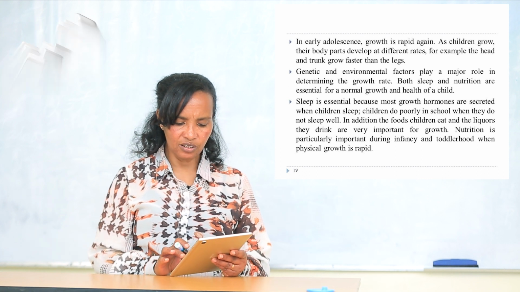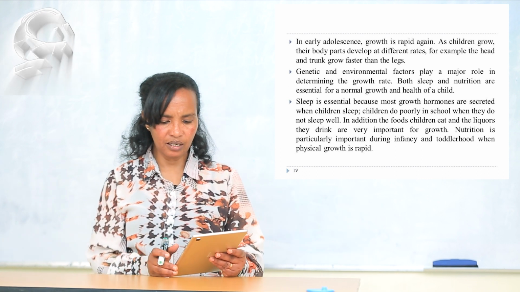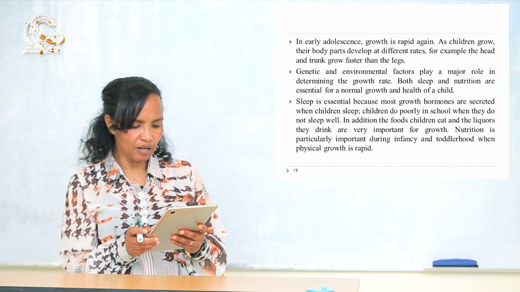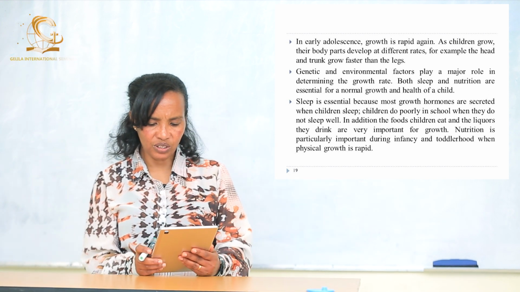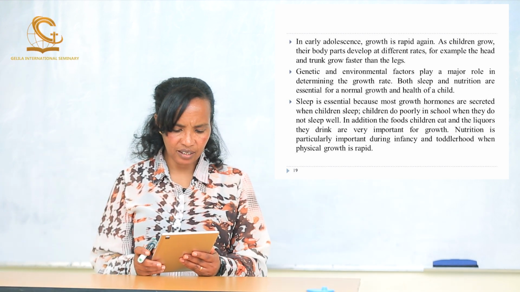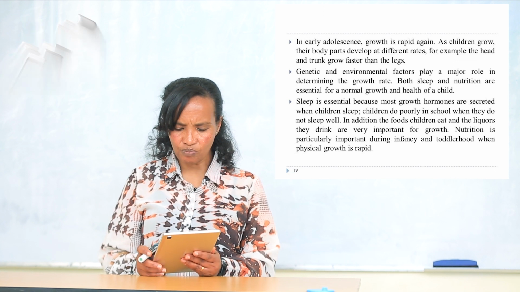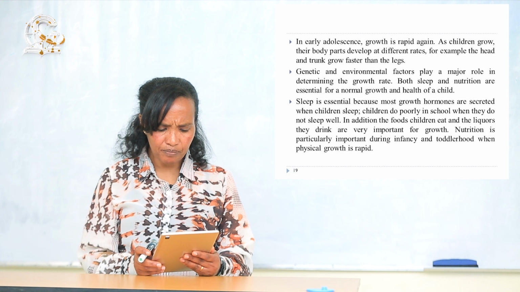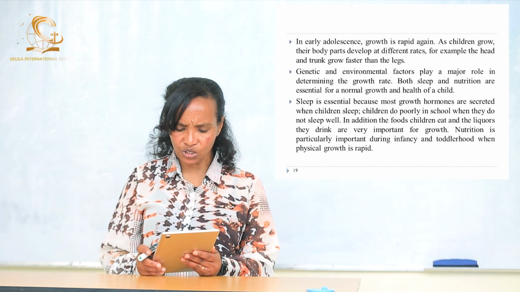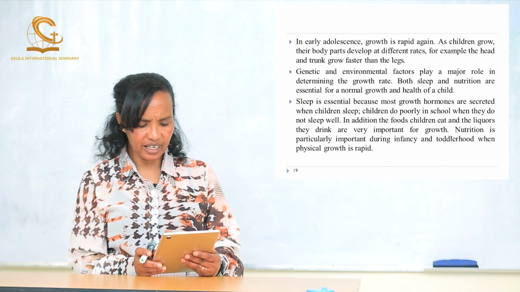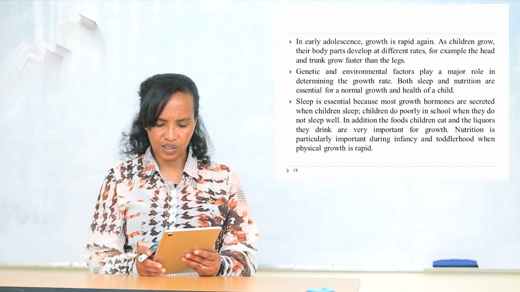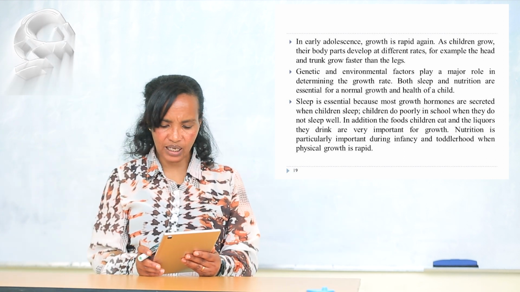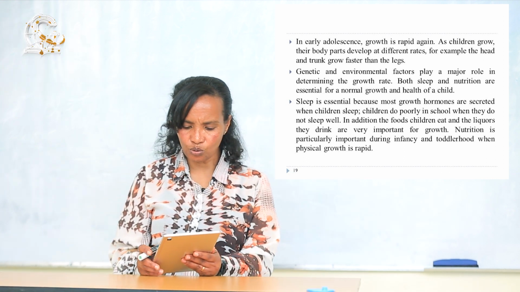Genetic and environmental factors play a major role in determining the growth rate. Both sleep and nutrition are essential for the normal growth and health of a child. Sleep is essential because most growth hormones are secreted when children sleep. Children do poorly in school when they do not sleep well.